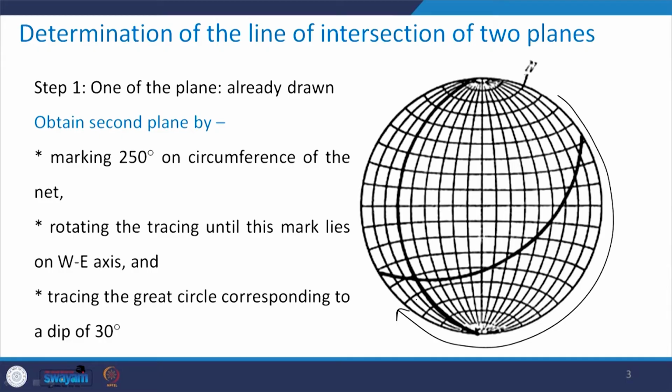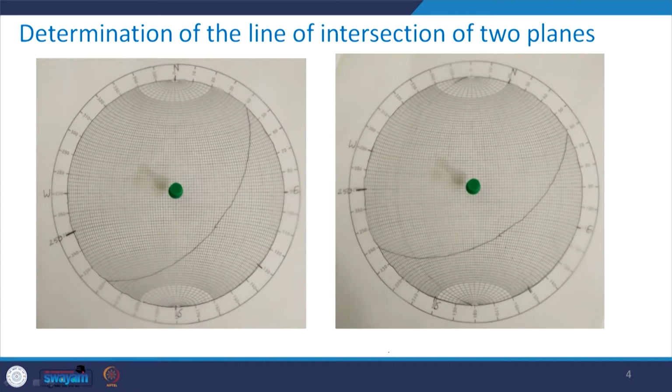We need to measure 250 degree along the circumference, then rotate it so that it coincides with the west-east axis, and then trace the great circle corresponding to a dip of 30 degree. Let us see how we do this.